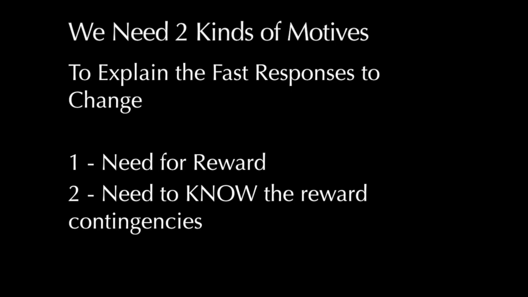So when we distinguish between the need to know, the need to be in control, the need to be able to predict, as separate from the need for the reward itself, then we must evoke some concept that is more in line with the cognitive psychology approach.